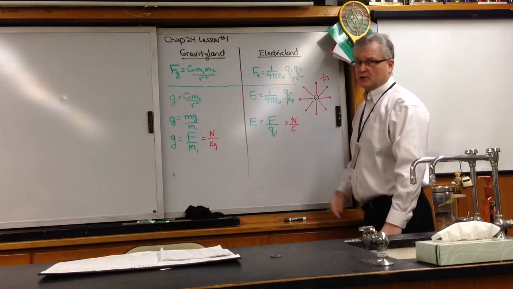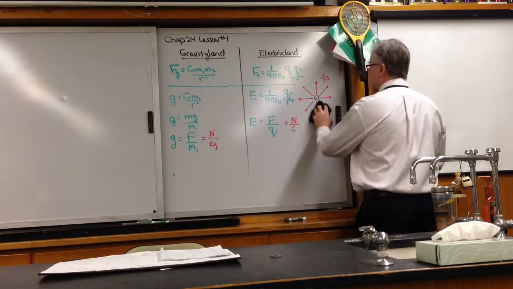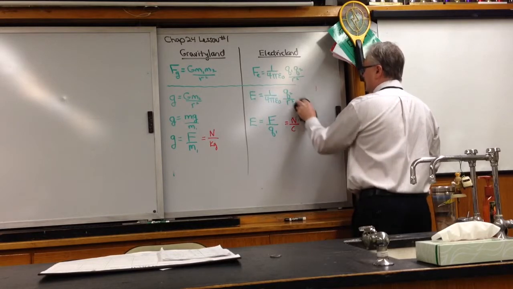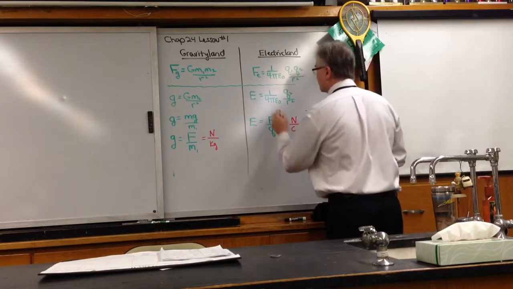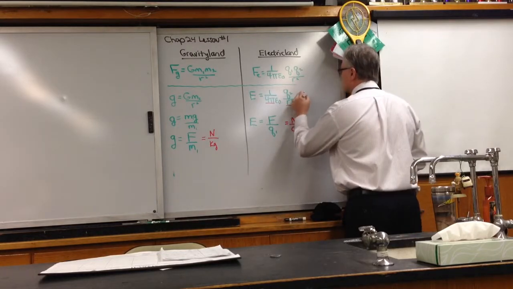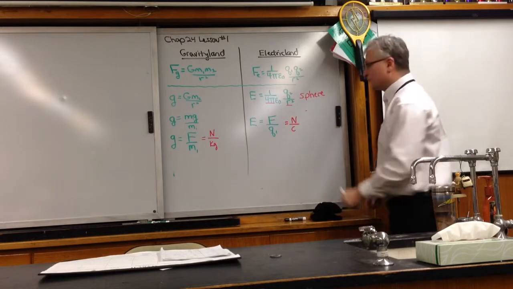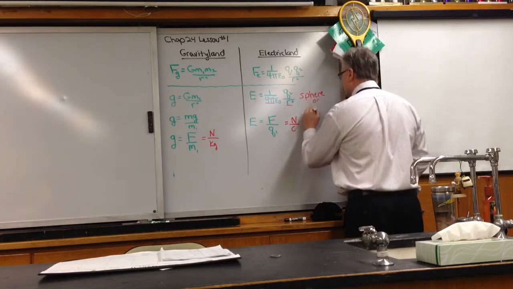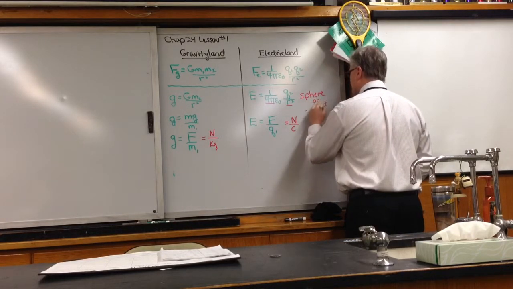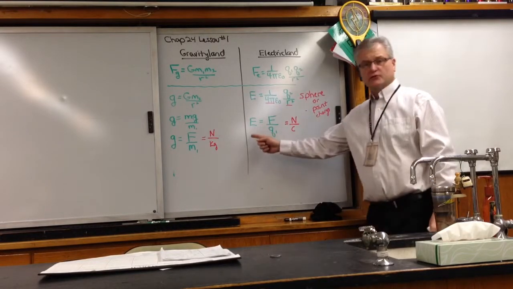This formula is only good for spherical symmetries. If you look within the formula itself, you notice that we have the surface area of a sphere right there. So make sure when you use this formula, it must be spherical or a point charge, which uses the same symmetry.